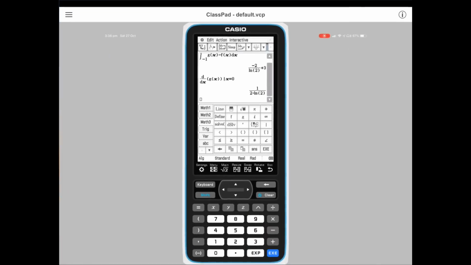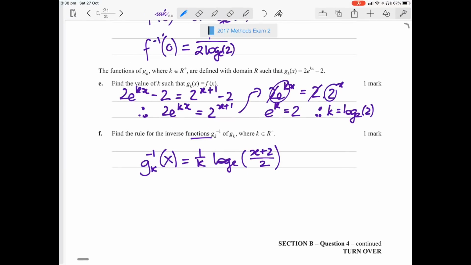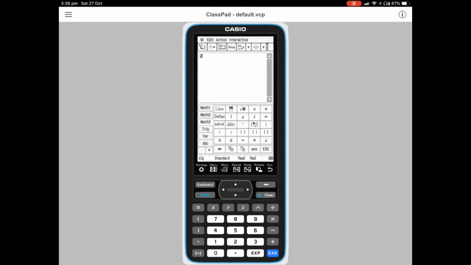What we can do, I'll show you another thing, is so we've got 2 e to the kx minus 2, define it as f of x.